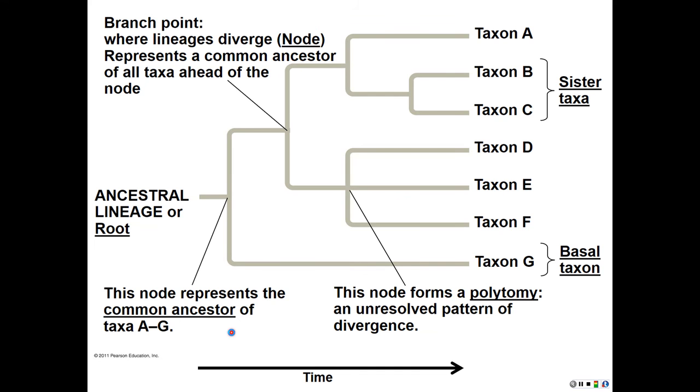So let's go over a little bit of tree taxonomy. A few terms you should know. Trees have what we call the root. The root of the tree is the ancestral lineage. So the root is the common ancestor of all groups displayed in the tree.